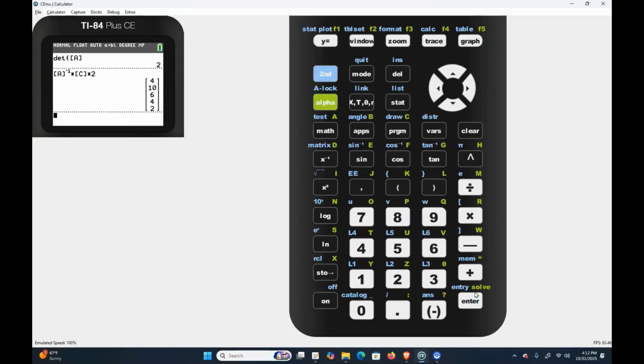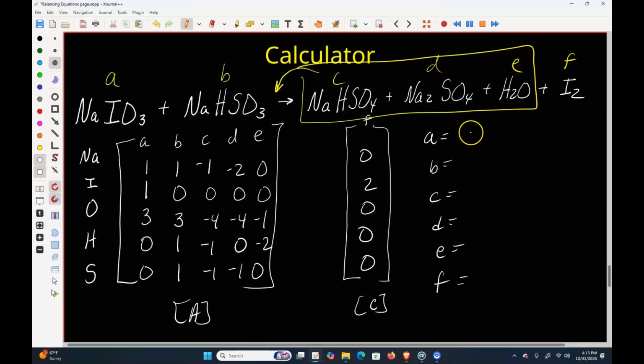So A is 4, B is 10, C is 6, D is 4, and I have a 2 for E. Hey, all those are divisible by 2, so we'll fix that in just a moment. So that was 4, 10, 6, 4, 2, and 2.